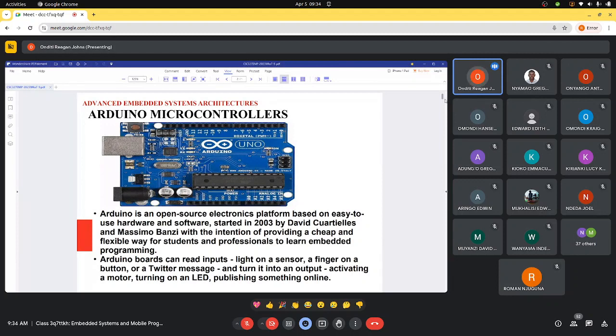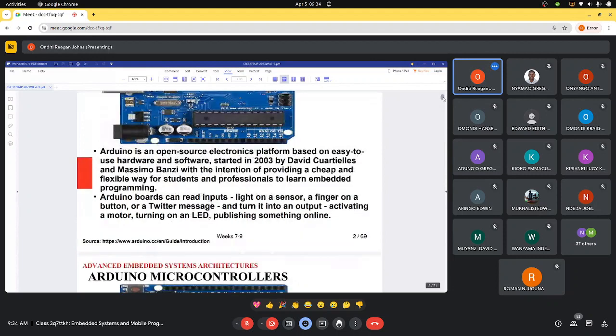So first of all, I would just have you have a look at the Arduino in general, what is there, and we are going to learn each and every component on this board so that when it comes to programming it, you know what you are dealing with and what you are handling at every one point.